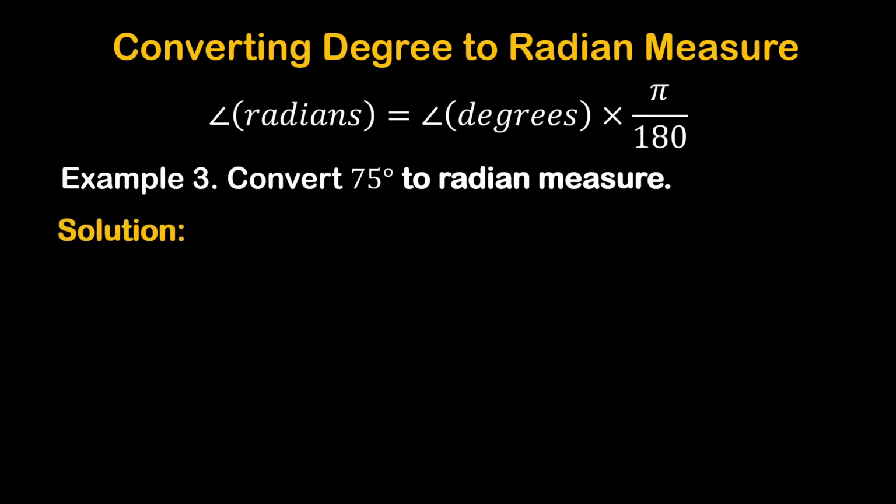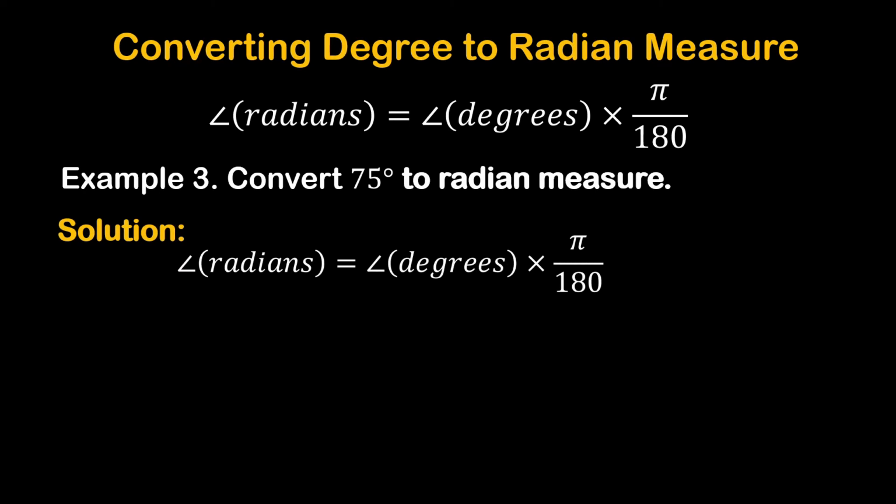Now, for our next example, convert 75 degree to radian measure. Again, to convert degree to radian, we just need to multiply the given degree measure by pi over 180. Since in our given problem the given degree measure is equal to 75 degree, we multiply that by pi over 180. That will give us 75 pi over 180. Then, of course, we can simplify this one.